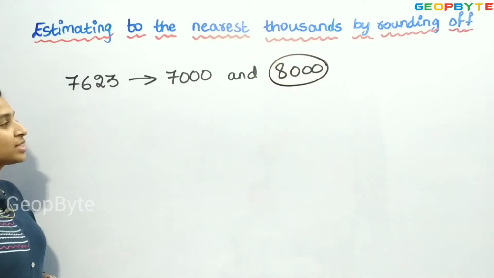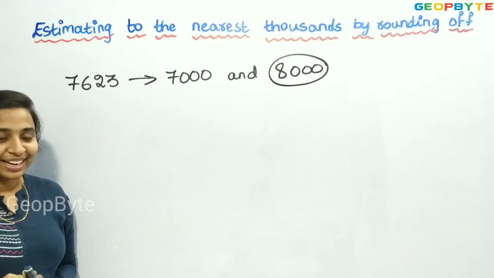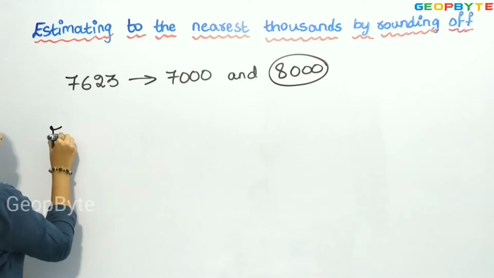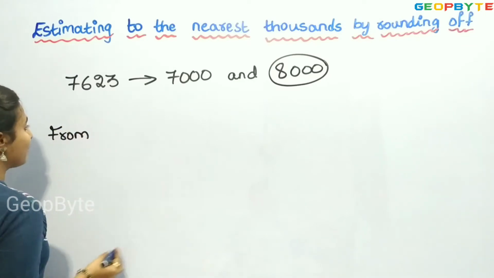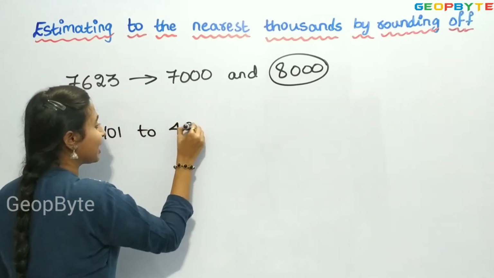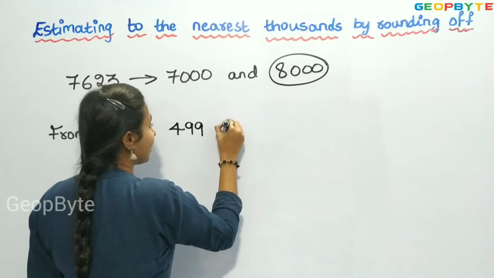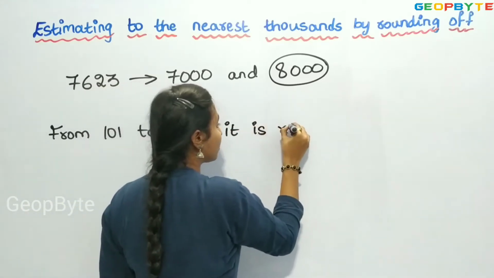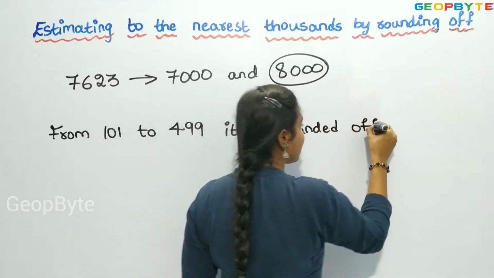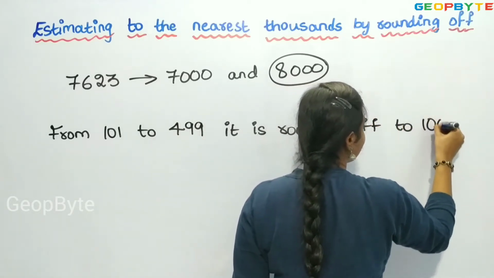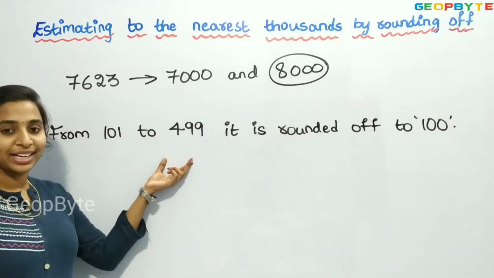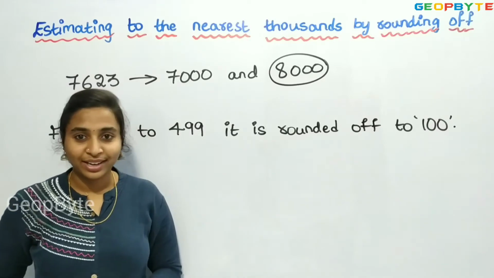For better understanding, let us write the conditions. From 101 to 499, it is rounded off to 100.